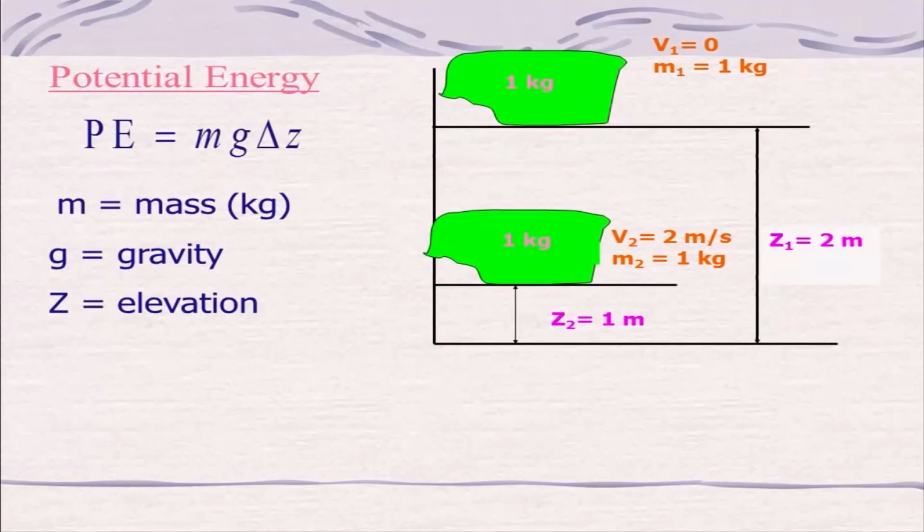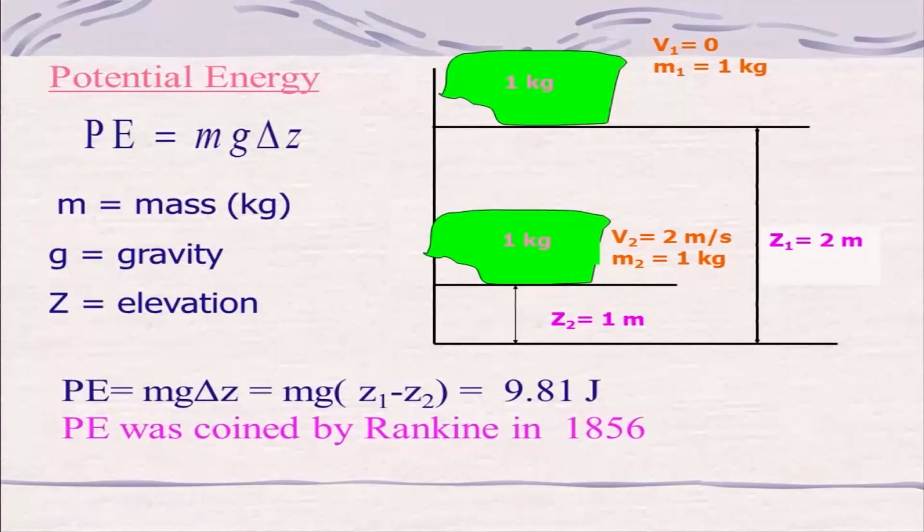And that will give you the potential energy. In this example, the mass is 1 kg and g is 9.81 meter per second square, and Z1 minus Z2 is nothing but 1 meter, so you get 9.81 joule from this example.